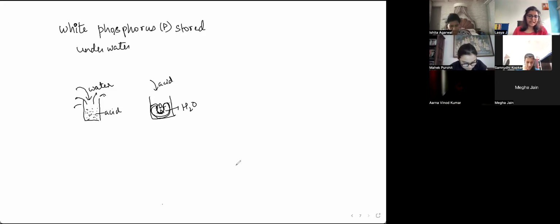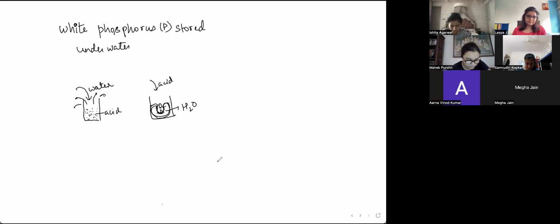Next question. In this reaction, HCl is getting oxidized while MnO2 is getting reduced. Oxidation reduction. HCl gets oxidized to H2O, right?